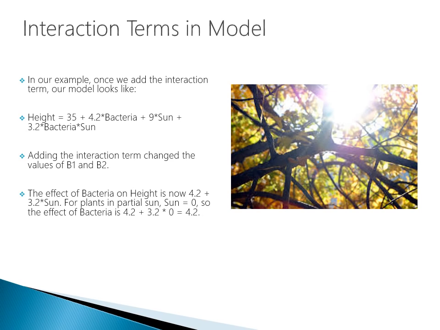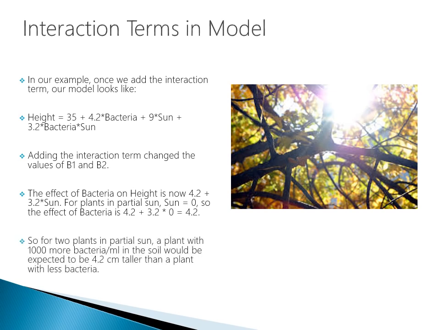For plants in partial sun, sun equaling 0, the effect of bacteria is 4.2 plus 3.2 times 0, which in turn equals 4.2. So for two plants in partial sun, a plant with 1,000 more bacteria per milliliter in the soil would be expected to be 4.2 centimeters taller than a plant with less bacteria.